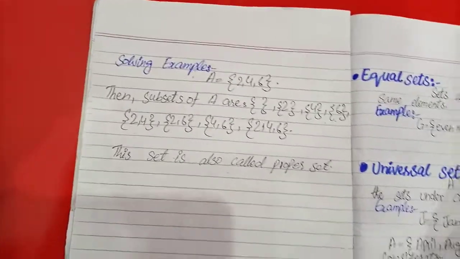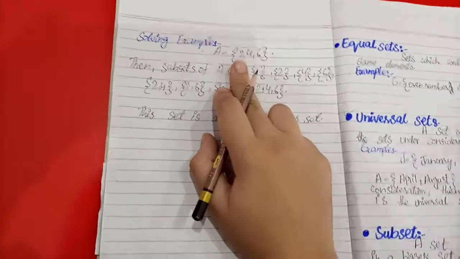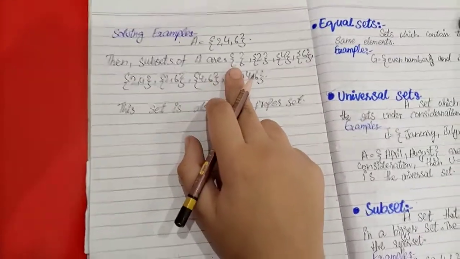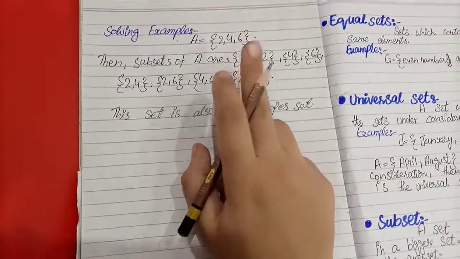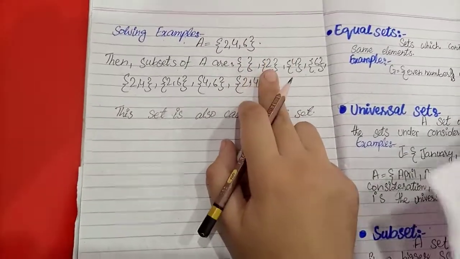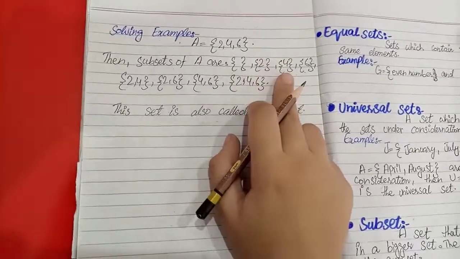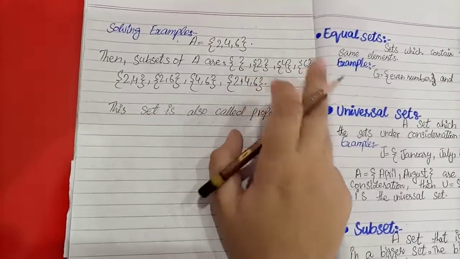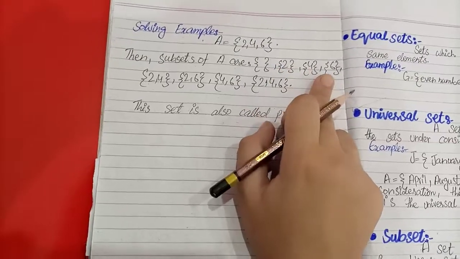So see the solving example. A is equal to {2, 4, 6}, then the subsets of A are, if we solve it, our solution will be like this: the empty set. Then we separately write all elements in brackets. 2, 4, 6 are the elements of the question, so we write them separately.